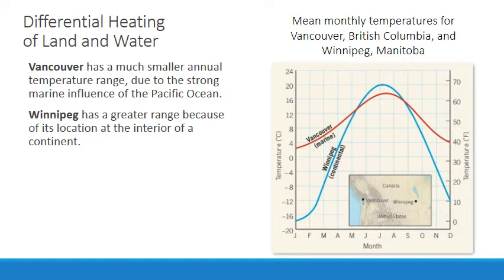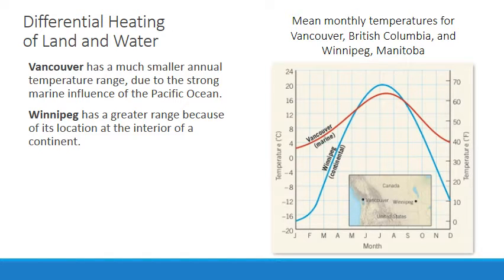Both cities have about the same latitude and will therefore experience very similar sun angles and lengths of day. But Winnipeg has a mean January temperature that is 36 degrees Fahrenheit lower than Vancouver's.